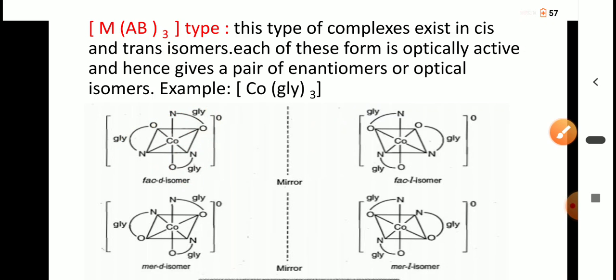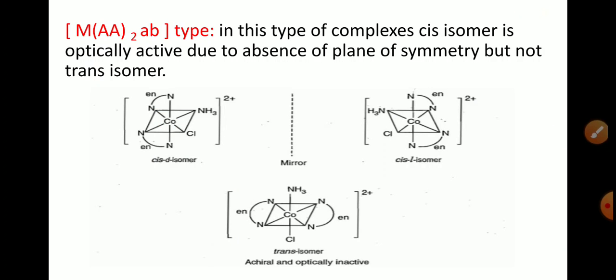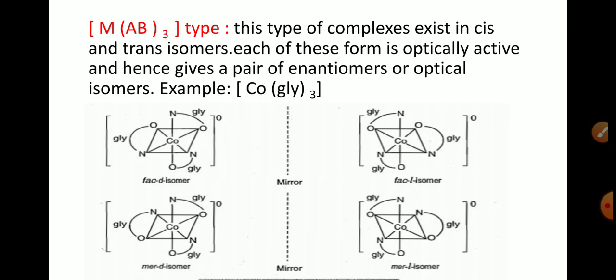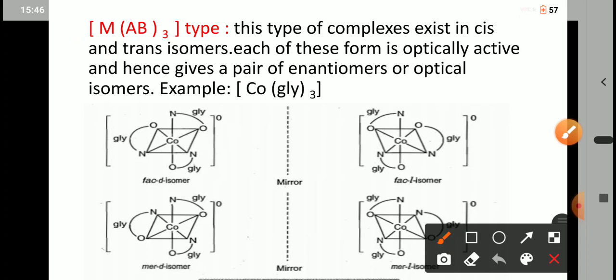You can see here, this is one isomer. This is a facial d-isomer, or it is also called a cis d-isomer. Facial means here the same kind of heteroatoms are on one trigonal face, and another three atoms are on another trigonal face.